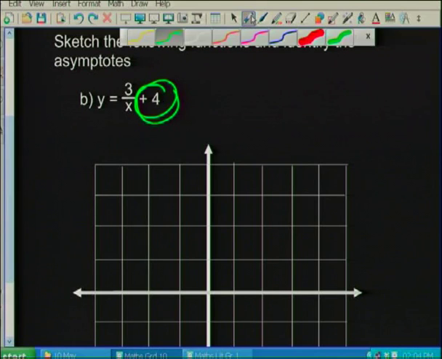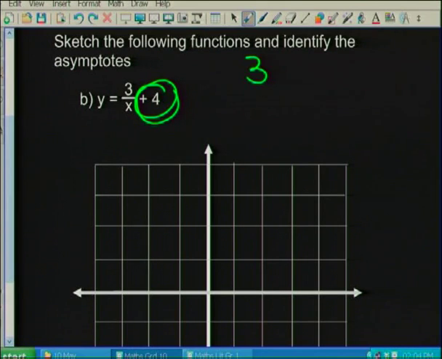For the x-intercept, I make y equal to 0, so I say 3 over x plus 4 is equal to 0. Okay? Then 3 over x is equal to minus 4.